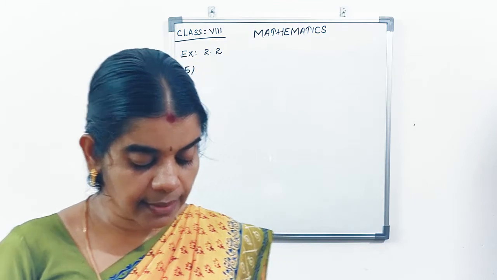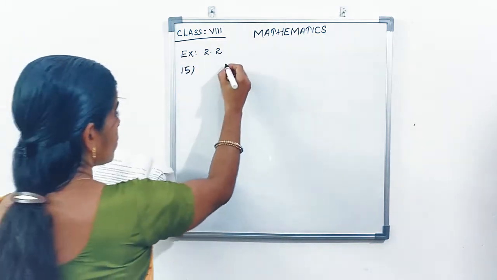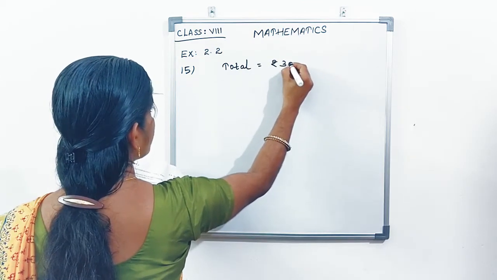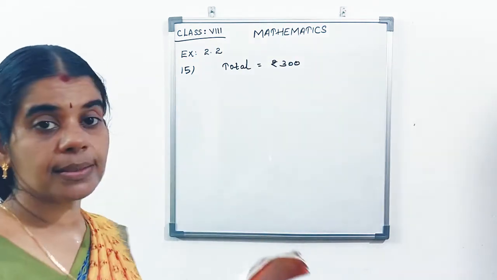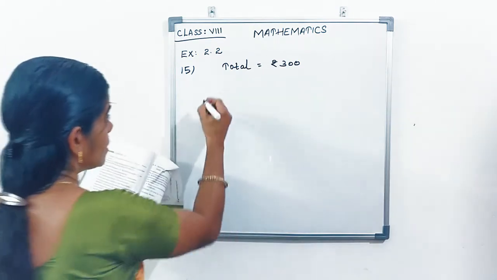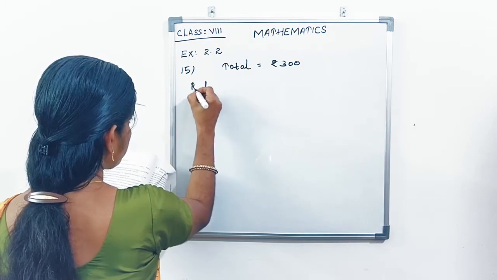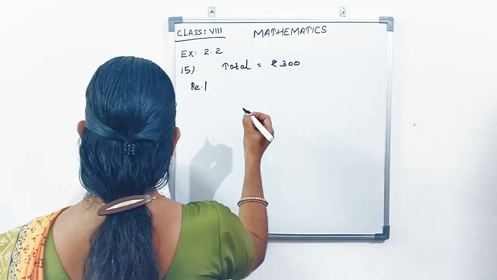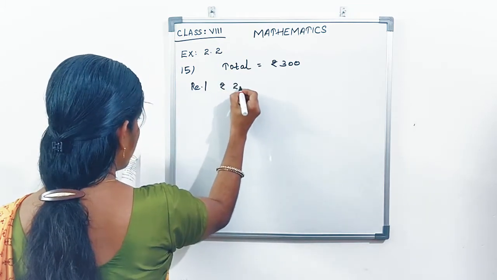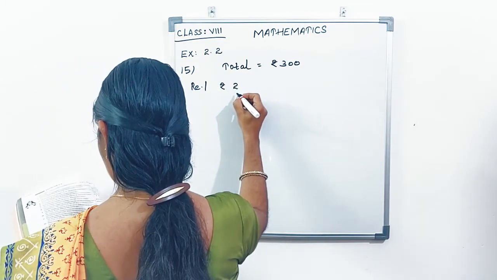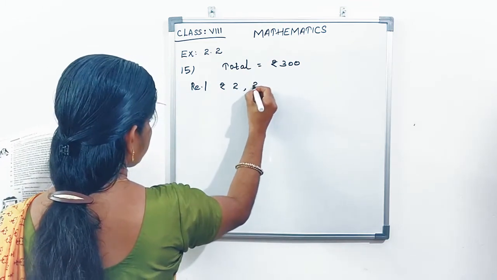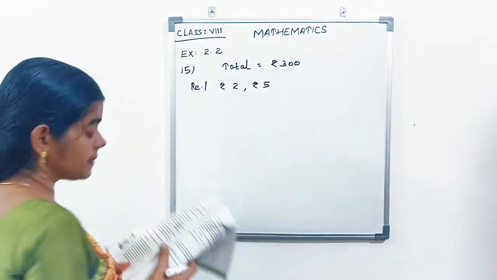I have a total of rupees. What is the total money? Total amount is 300 rupees, in coins of 1 rupee, 2 rupee and 5 rupee.